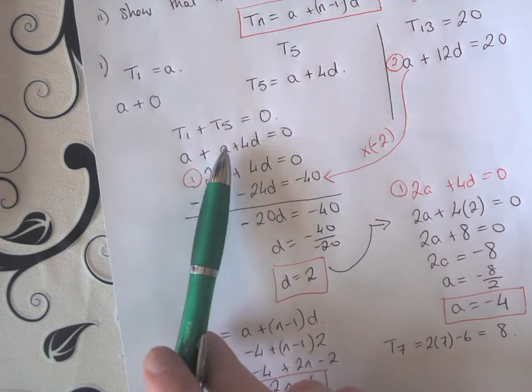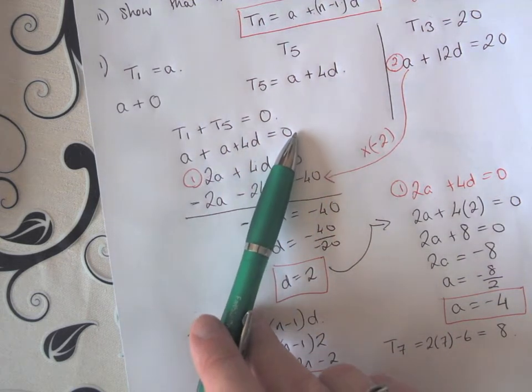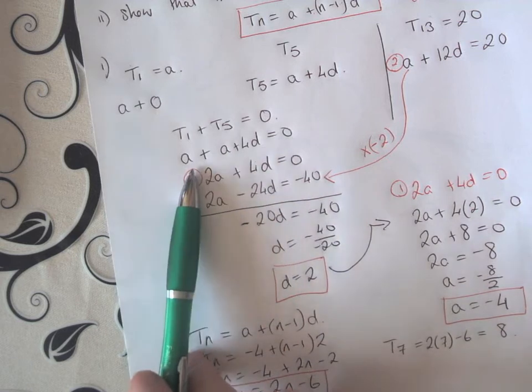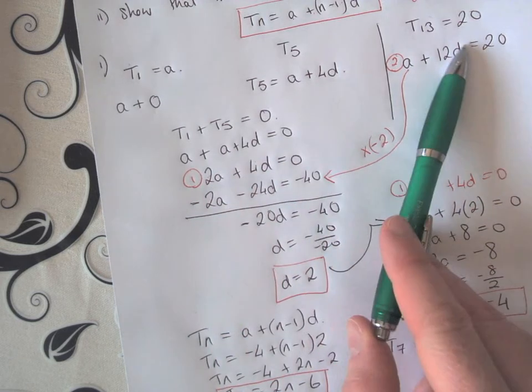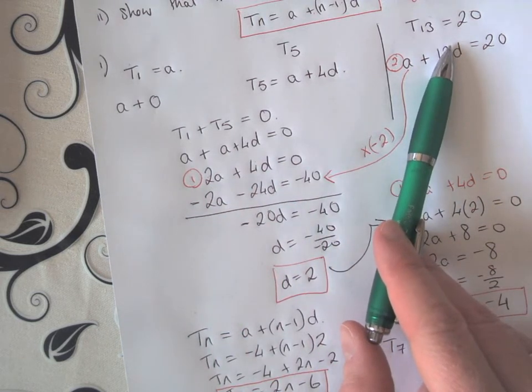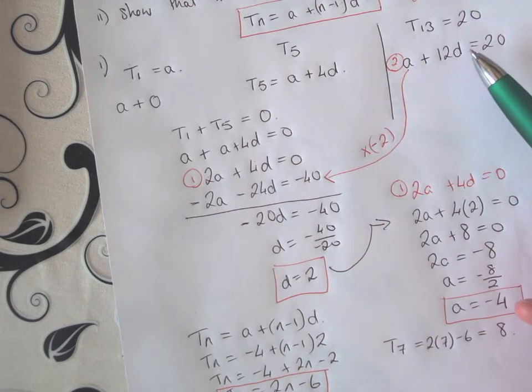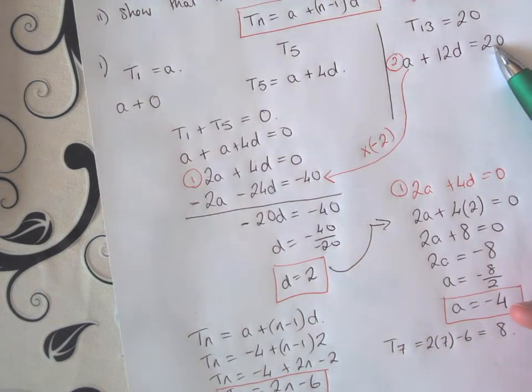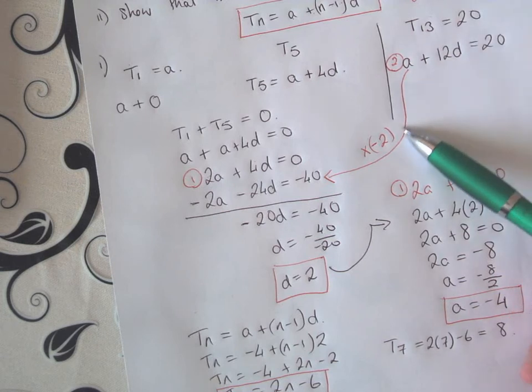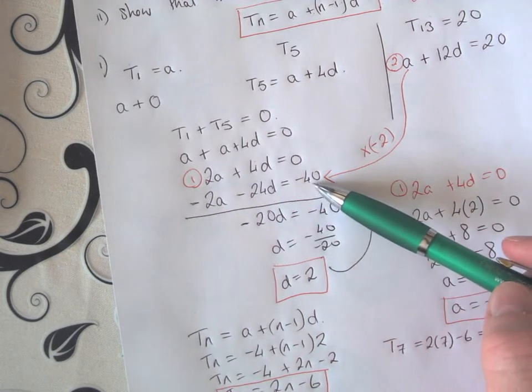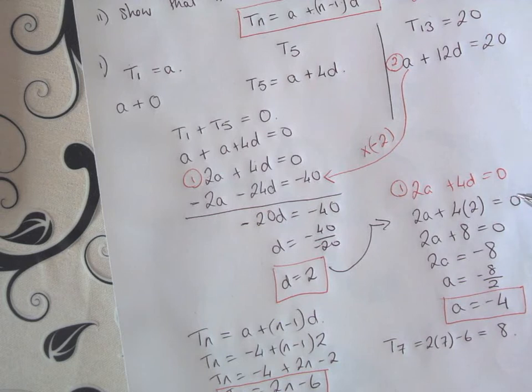So a plus a plus 4d is 0. 2a plus 4d is 0. And here T13 is 20, so a plus 12d is 20. Bring this down, multiply by minus 2. I'm going to have a look at that and come back to you.